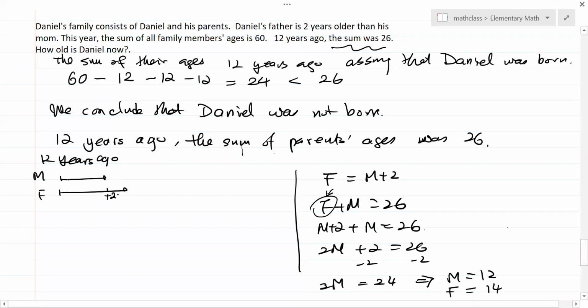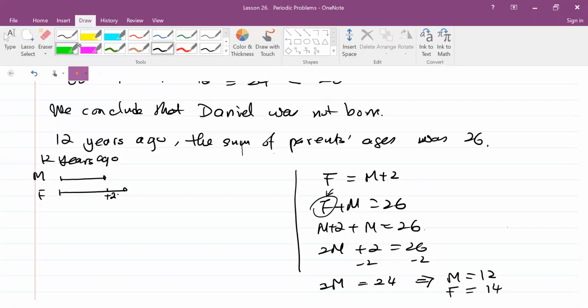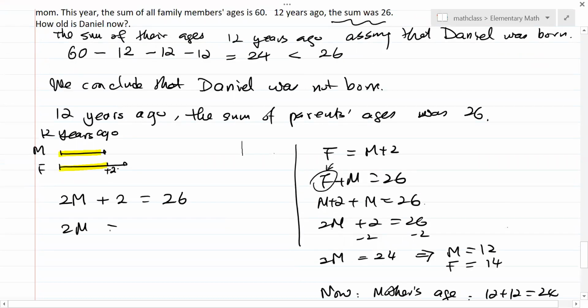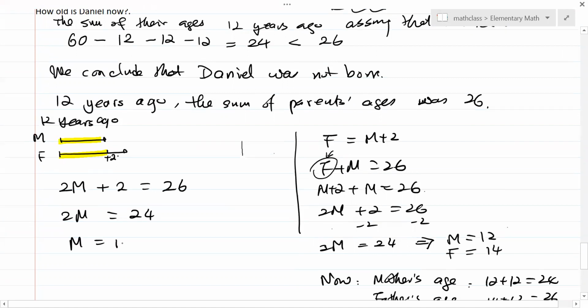But that's just, look at this one block, right? And from here, you can quickly solve that. So this is two pieces identical, right? The sum is 26. So immediately you get 2m plus 2 should be equal to 26. Almost still the same equation. So then 2m is going to be 24. M is going to be 12. Okay, so it's still almost the same.